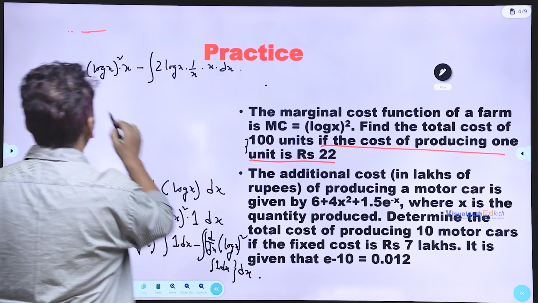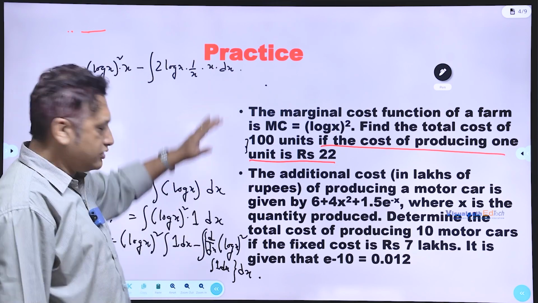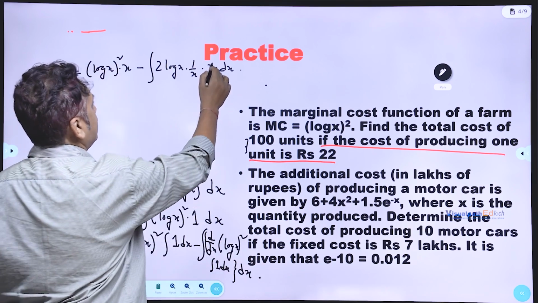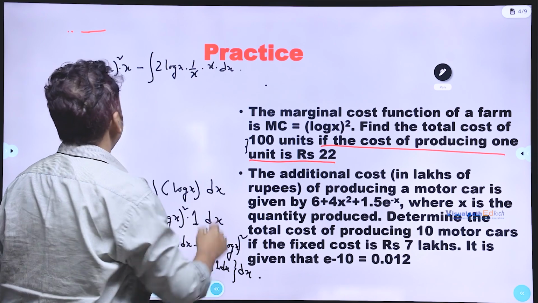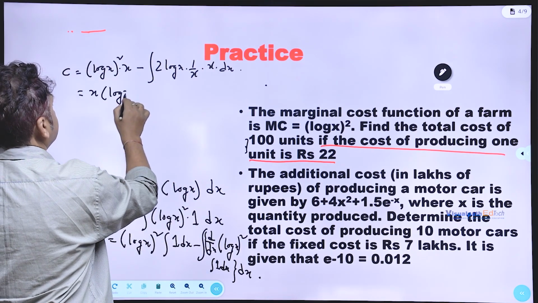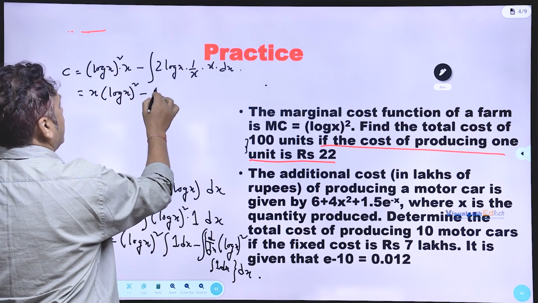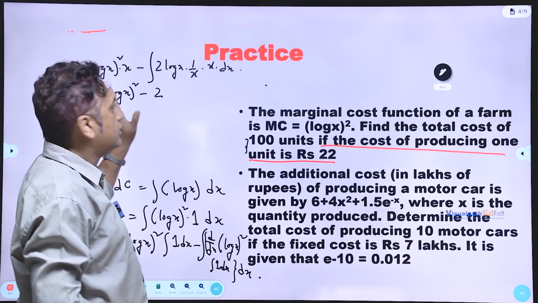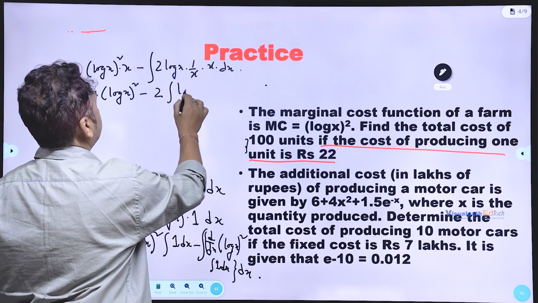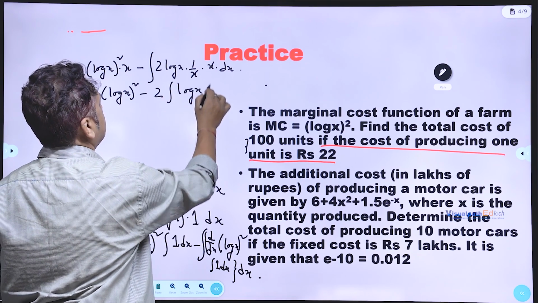So there it is. This is what we are going to get when we do this integration by parts. Now this x and this x gets cancelled. So we will get x into log x whole square minus 2 comes outside the integration sign, and what we are left with is again integration of log x dx.